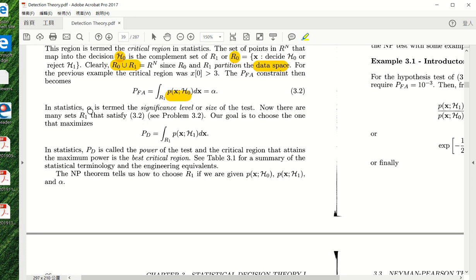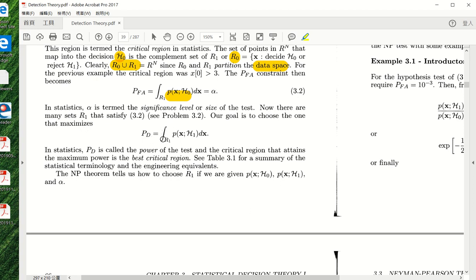Okay. And then in statistics, alpha is termed the significance level or size of the test. Alright, significance level. Now there are many sets of R1 that satisfy 3.2. Our goal is to choose the one that maximizes PD.